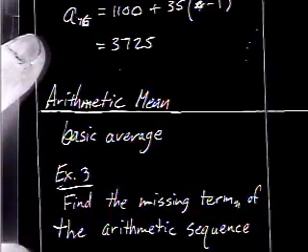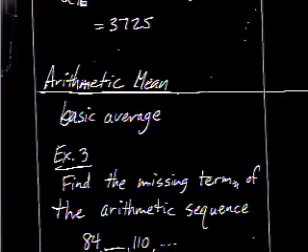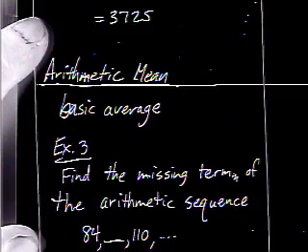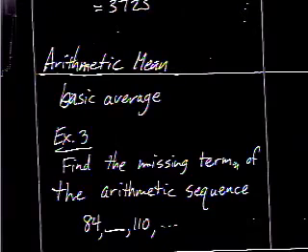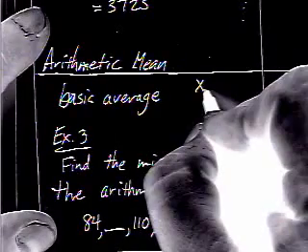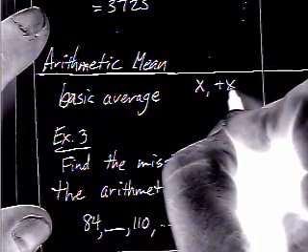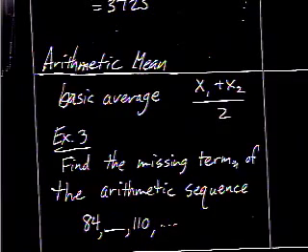The next thing we need to talk about is what's called the arithmetic mean, but you basically already know this. This is your basic average. You've already talked about this, done things with it, so it shouldn't be too bad. Example 3 says find, I'm talking about adding two numbers together and dividing by 2. So that's pretty easy, right? Find the missing term of the arithmetic sequence.